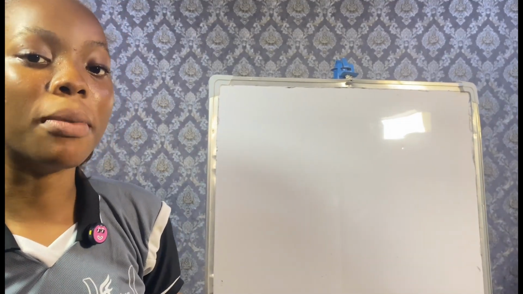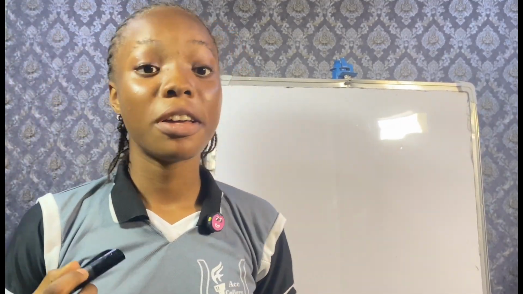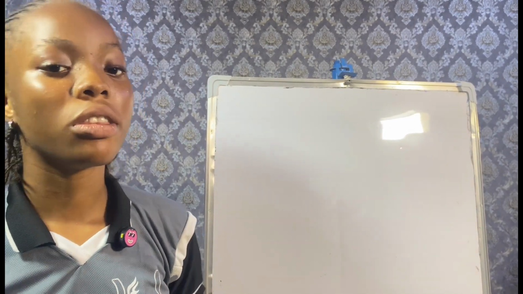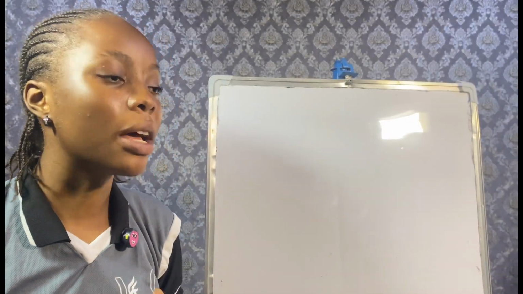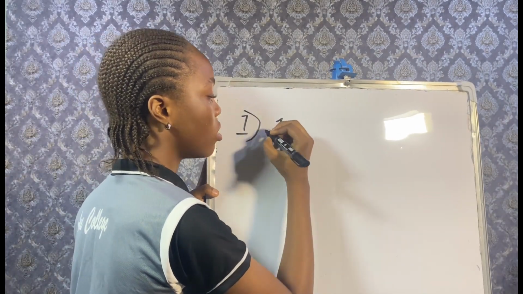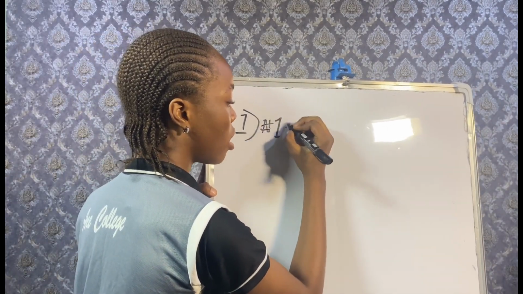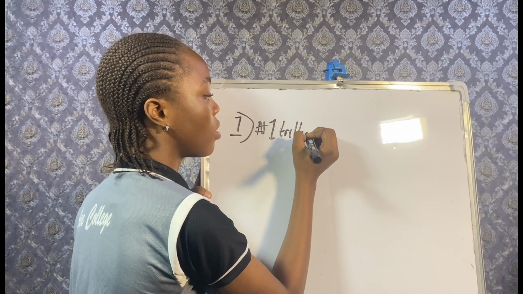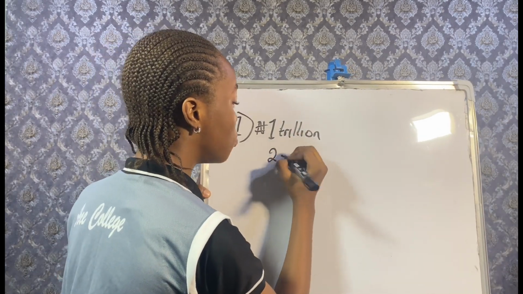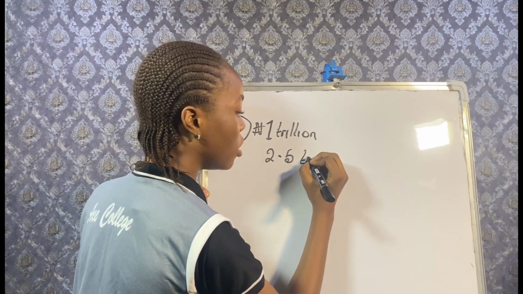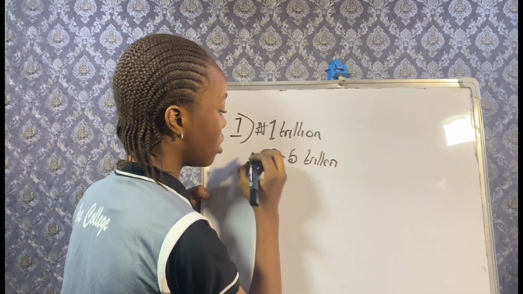Sometimes you see large numbers written in a mixture of digits and words. These are normally seen on newspaper or news reports. Some examples are 1 trillion naira and 2.5 trillion naira.